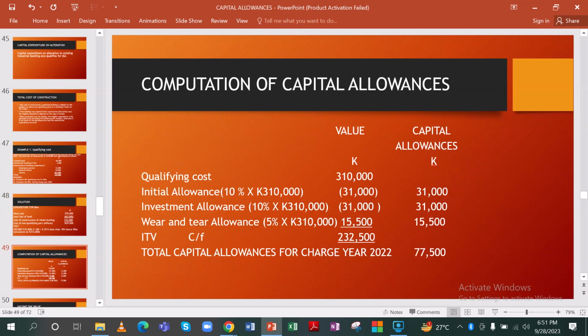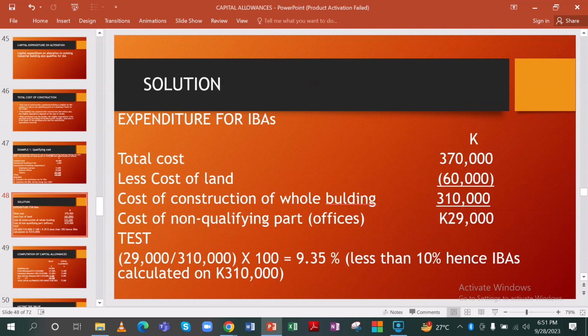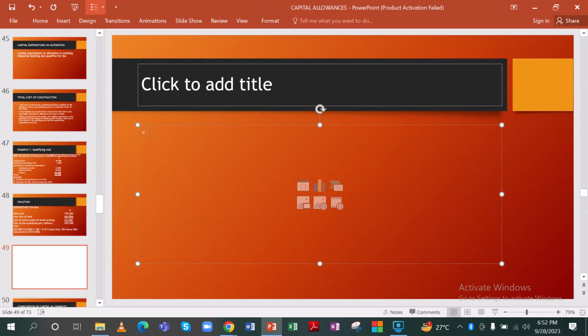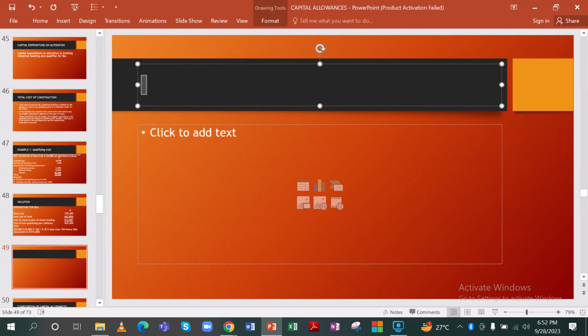So let's move now to look at the second portion where we calculate the capital allowances. Now you should know that capital allowances for industrial buildings are claimed as follows.